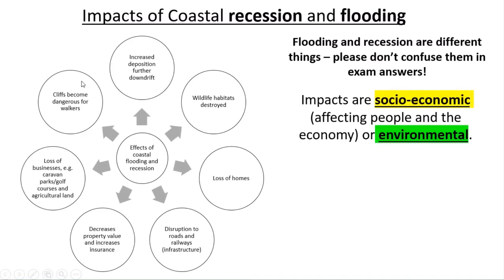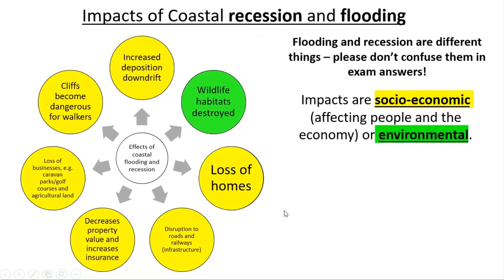Now of these, there's only one habitats and species one, which is this one, so I'm just going to highlight that and raise it up a little bit. The others are, generally speaking, to do with socio-economic problems, and that's the reason that we highlight this, because at the coast, with erosion and flooding, generally speaking, we're worried about how it affects us.